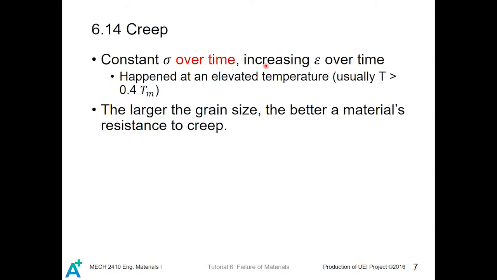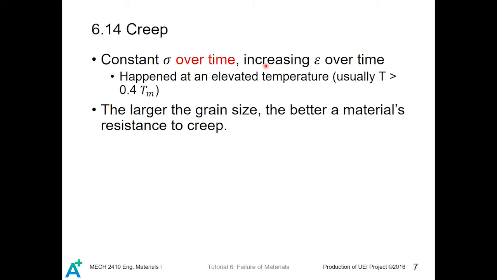Actually, the larger the grain size within the material, the better the material's resistance to creep. For example, aircraft turbines usually work at a very high temperature, due to the air resistance, the friction, and the fuels, and the prevention of creep is a serious issue in the design of aircraft turbines.